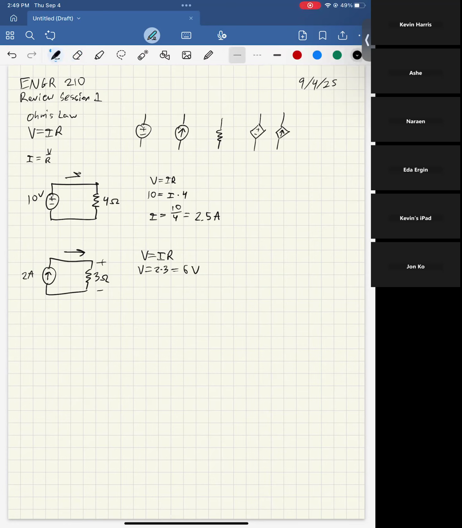The other important things are KCL and KVL, Kirchhoff's current law and Kirchhoff's voltage law. The current law says that if you have some circuit, at every node, the sum of all of the currents is equal to 0.